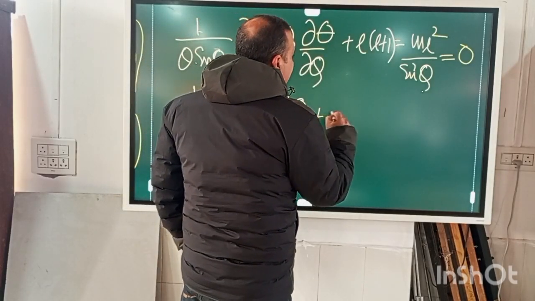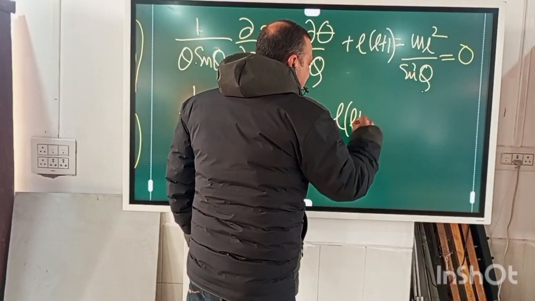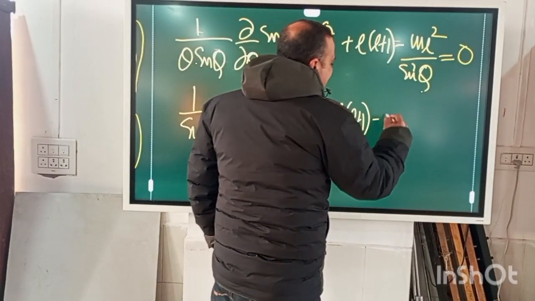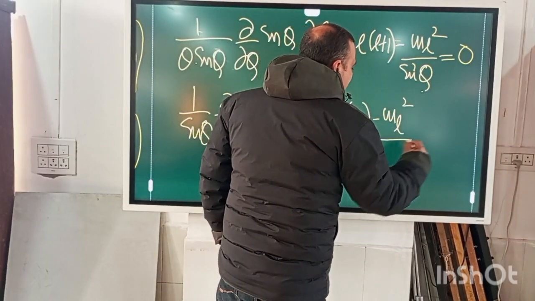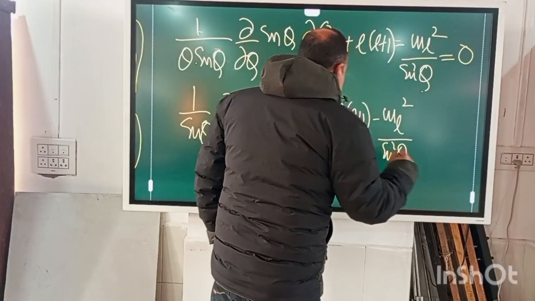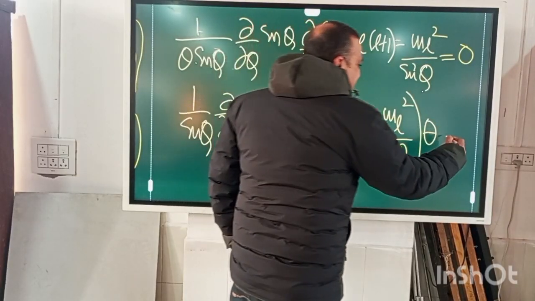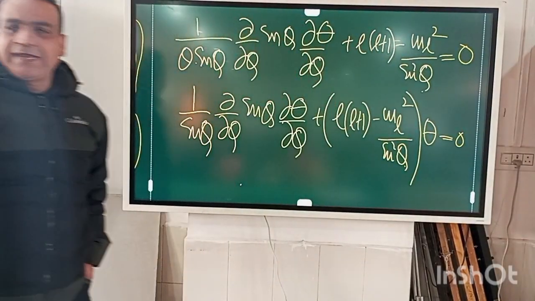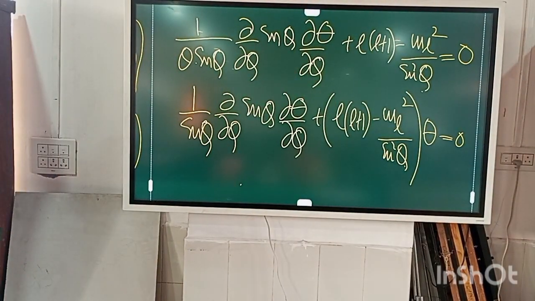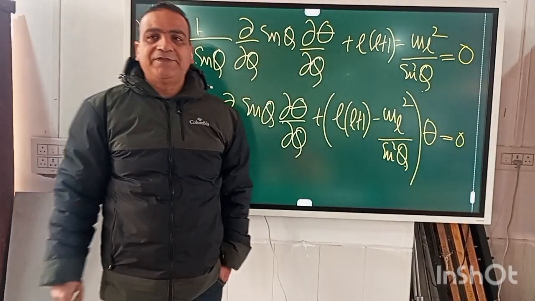Then this will automatically become plus L times L plus 1, then minus M L squared by sine squared theta. This will be multiplied by capital theta, and this is equal to 0. Look at it. So this is your equation in terms of theta.